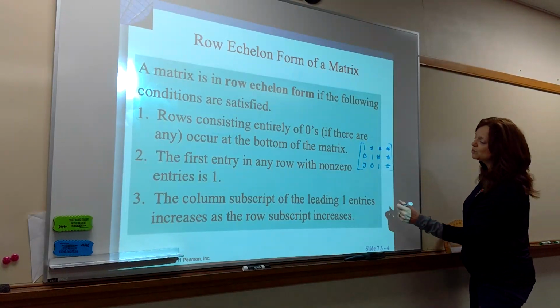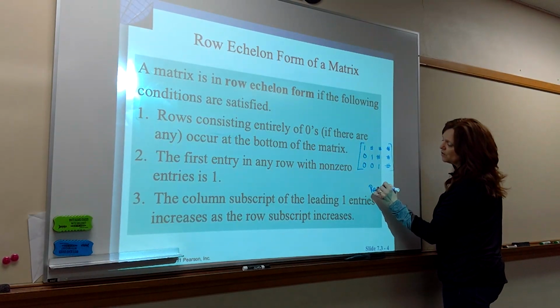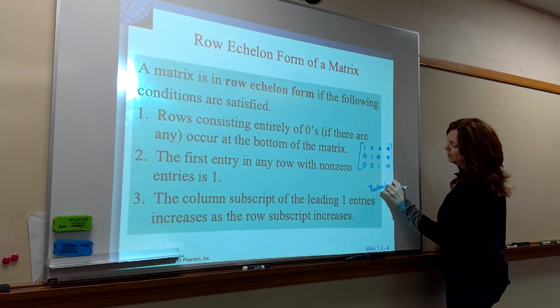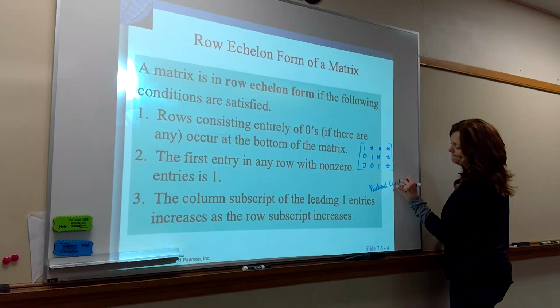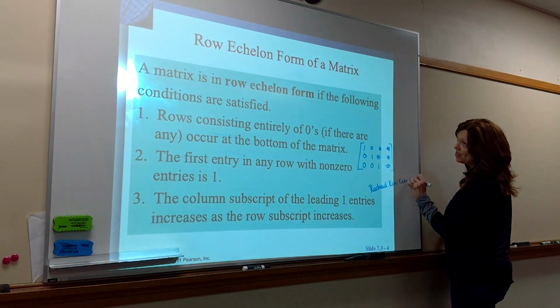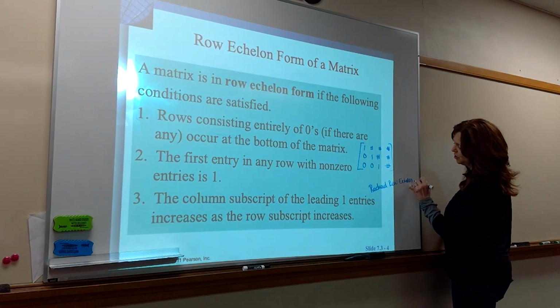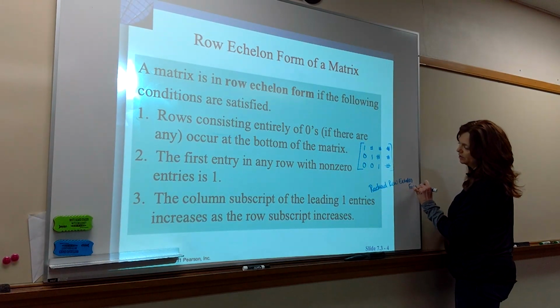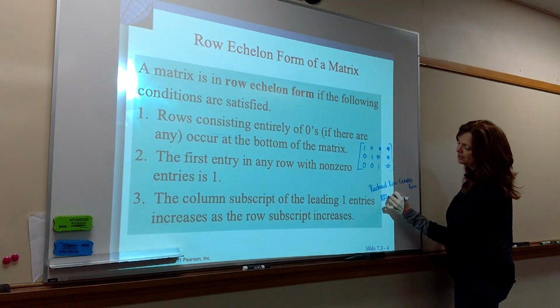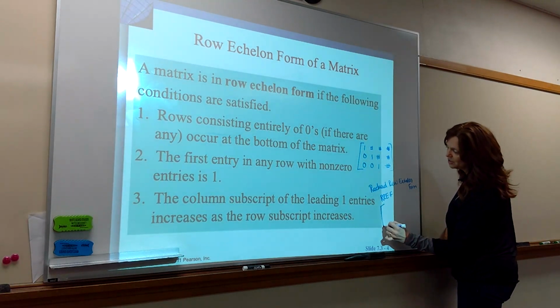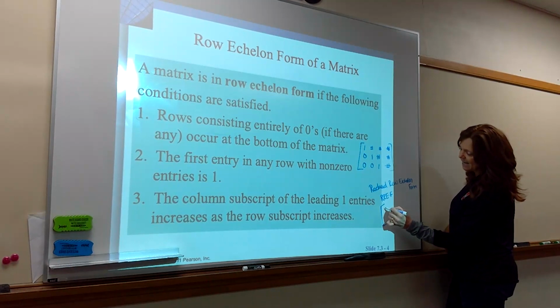It will put it in reduced row echelon form if you ask it for that. And this is the one that I would do, and we will do. We're going to do RREF, and what that is, it's that identity matrix. It's 1, 1, 1 on the diagonal, all zeros, even on the top.